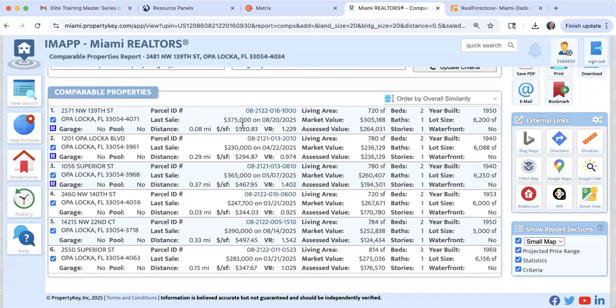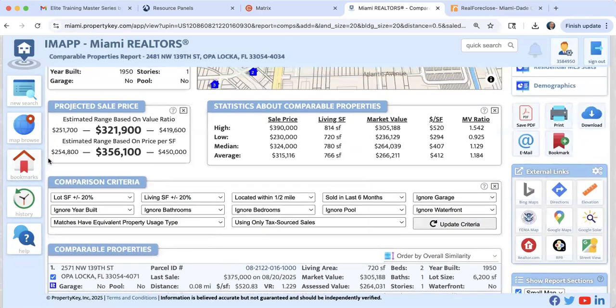We have here 375, 230, 365, 247, 390, and 283. The value could be anywhere from 254 all the way up to 450. So in the best case scenario, under these market conditions, your property could be worth up to 450. Now, is it worth 450 today? No, right?